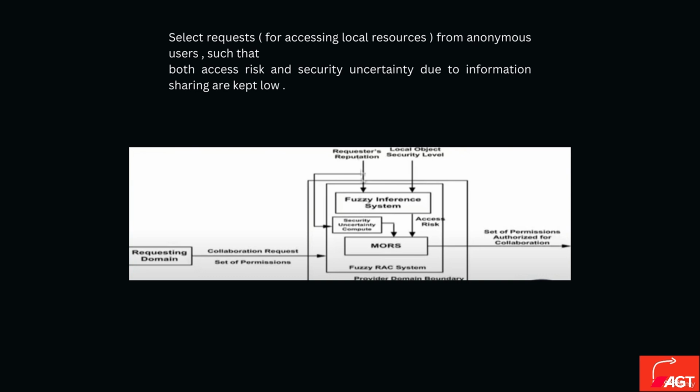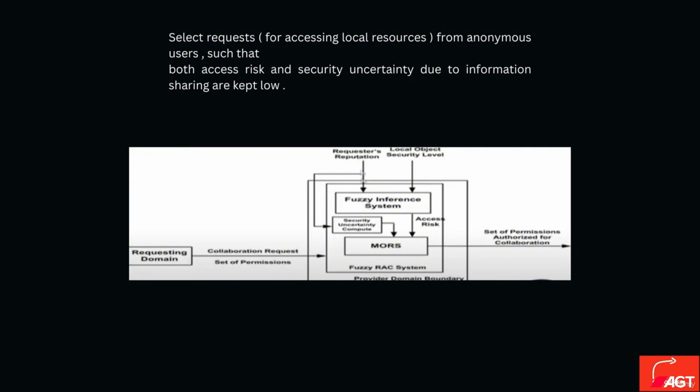This procedure is compared to accessing various locations at a bank depending on the nature of the transaction or request. Based on the requesting role and the permitted actions for various object kinds, access roles are chosen. Access policies can be placed on the objects depending on their reputation, and just a subset of the requested permissions may be granted based on the user's reputation. In order to reduce access risk and security uncertainty, this highlights the significance of access control techniques in a collaborative cloud environment.